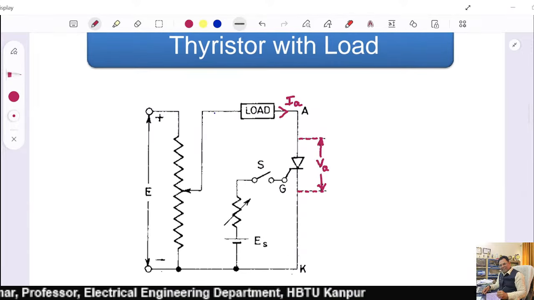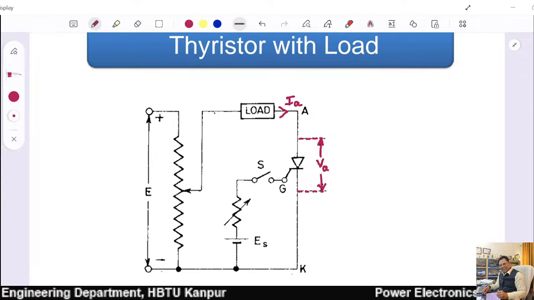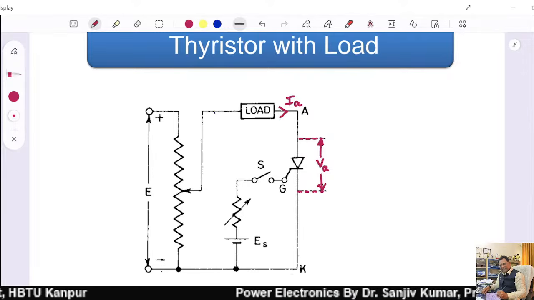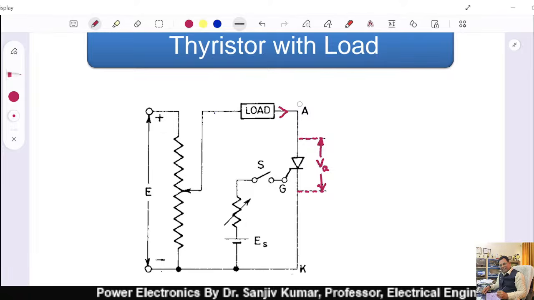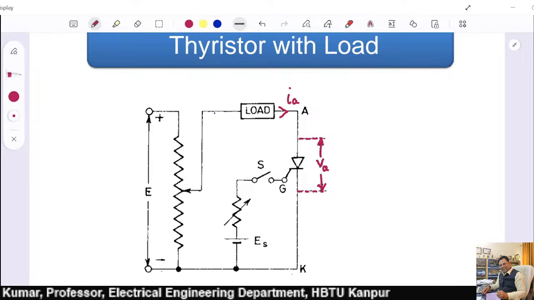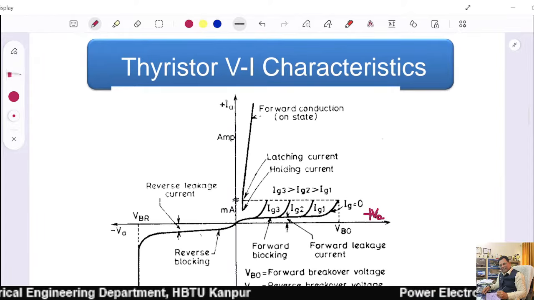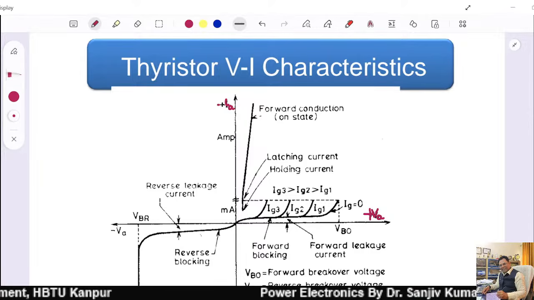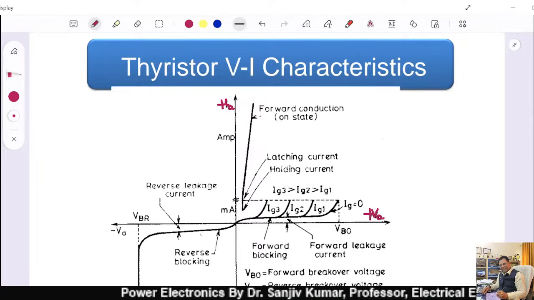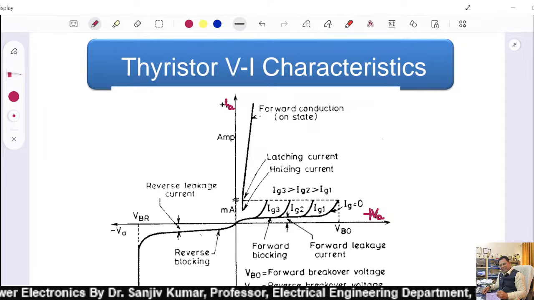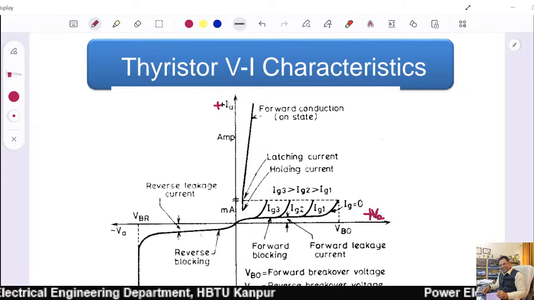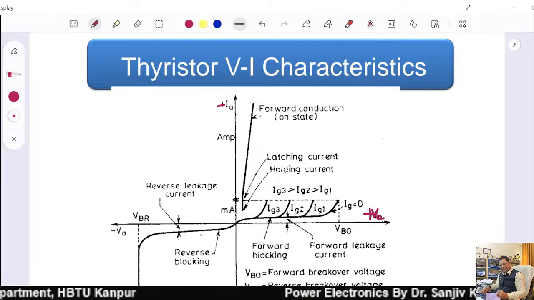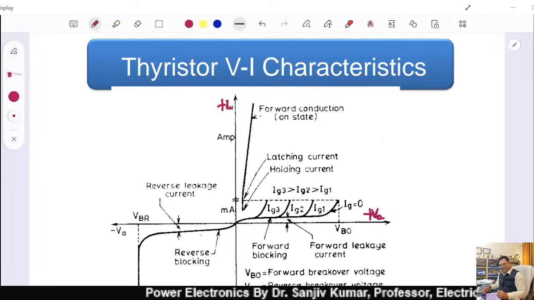Generally the variable quantity has to be shown in a small letter, like this, a small va, and this is a small ia.